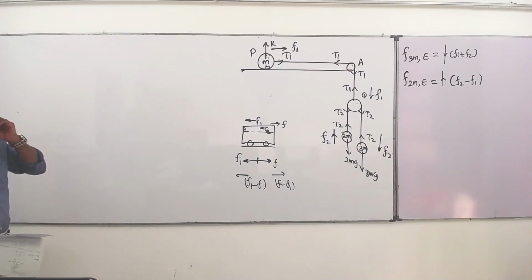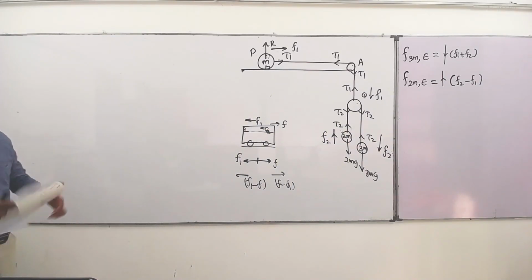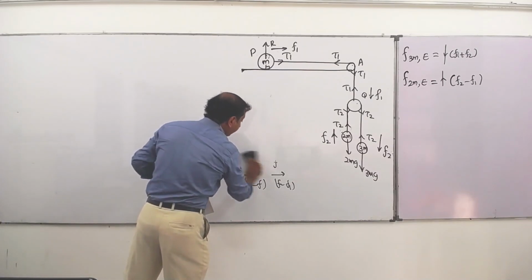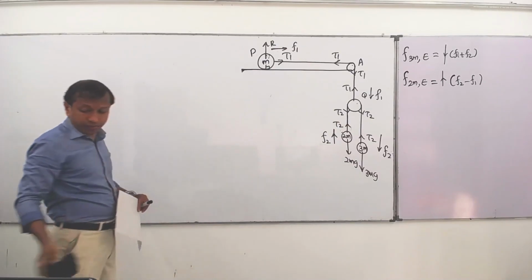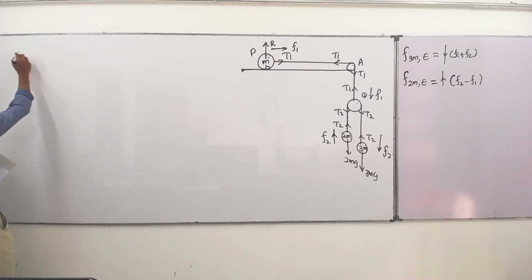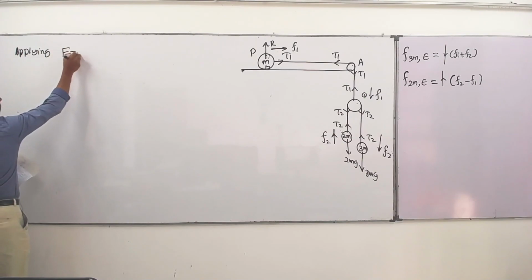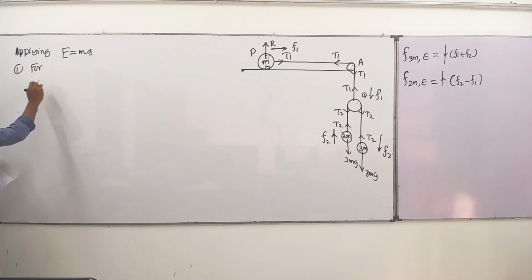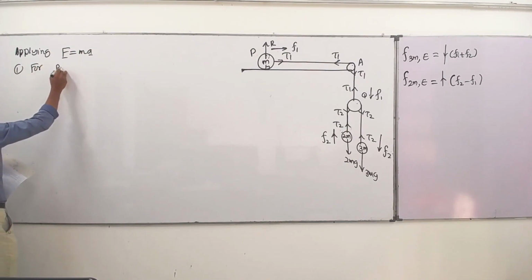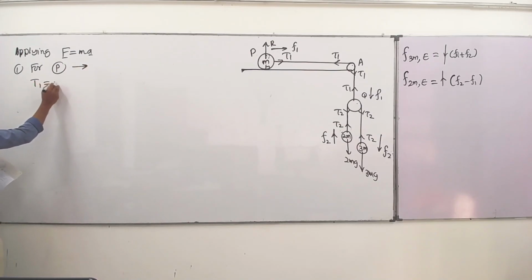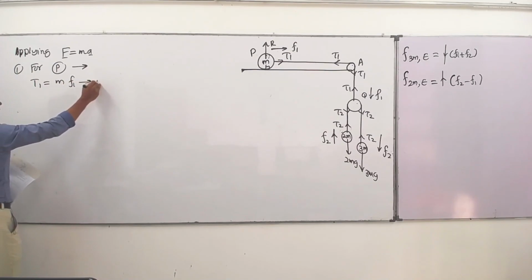This way we can write the accelerations relative to earth. Now we can write F equals ma. Apply F equals ma. Number 1, for P, rightward: T1 equals m f1.